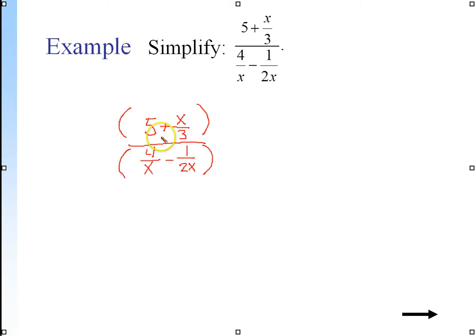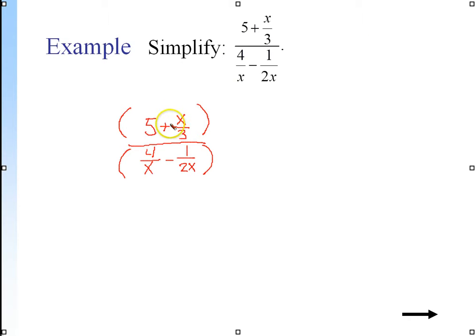Now as we look at this one, here we have like a whole number and a fraction and a fraction. So we could figure out common denominators up here and down there, group those, put them together as a division, then flip it to multiplication.